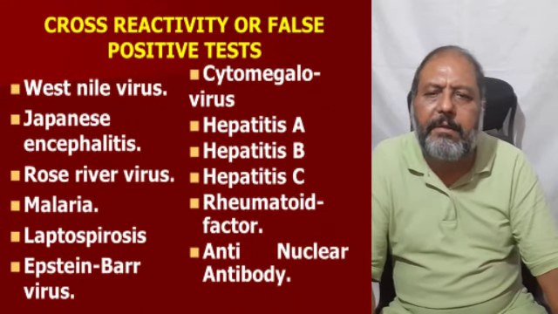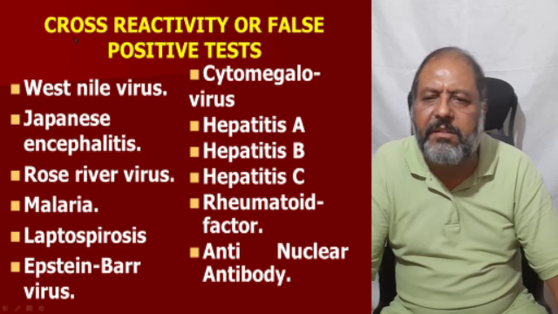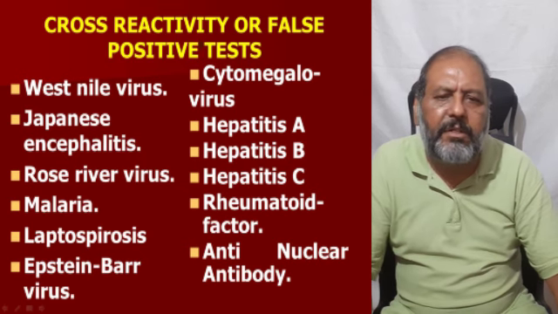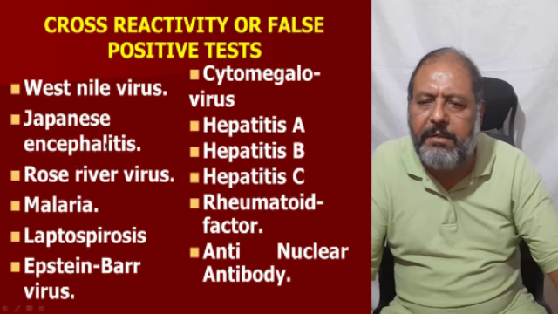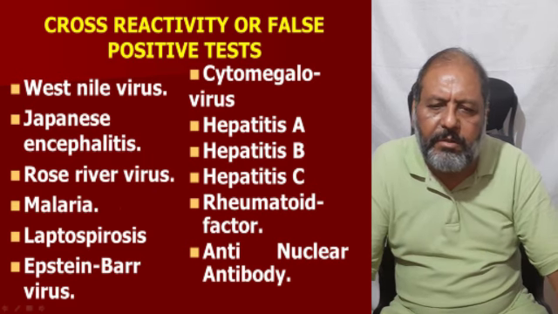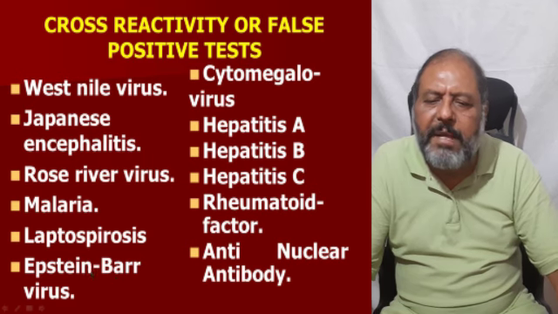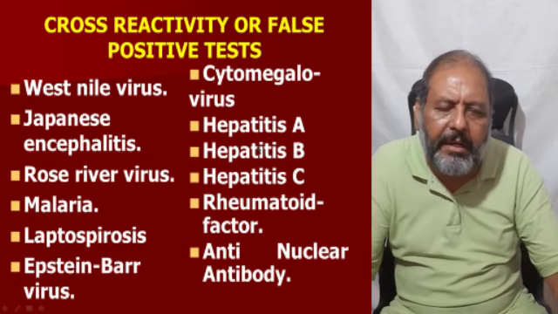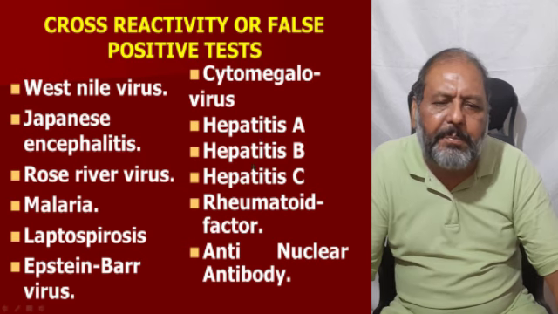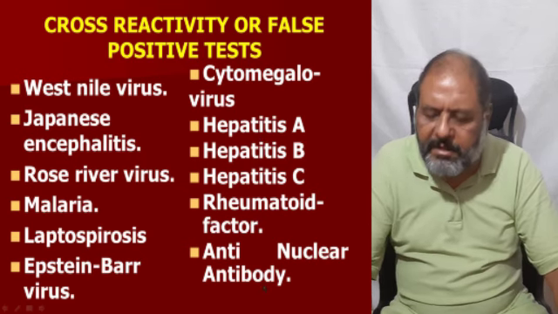Now, there are false positive results, that is called cross-reactivity of this test, that is seen in West Nile virus, Japanese encephalitis, Ross River virus, malaria, leptospirosis, Epstein-Barr virus, cytomegalovirus, hepatitis A, hepatitis B, hepatitis C, rheumatoid factor, and anti-nuclear antibody.